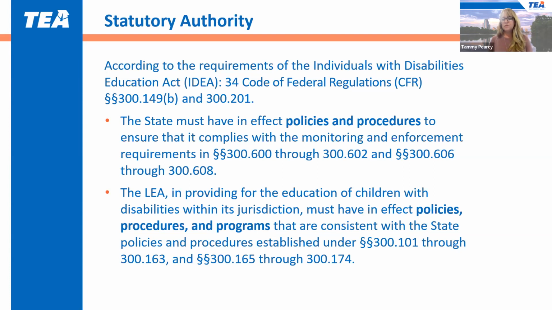So those components that you find under those regulatory requirements should be evident in your policies, procedures, and programs implemented in line with what the state has put in effect as its state policies and procedures. Okay, so that's where we get authority to do this work and requirements, and while we're doing some of the uploads and the monitoring activities here. Next slide, please.